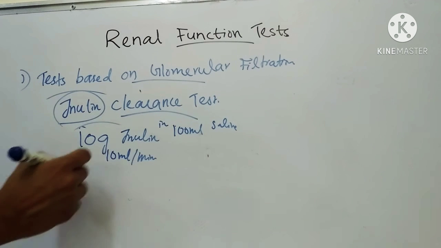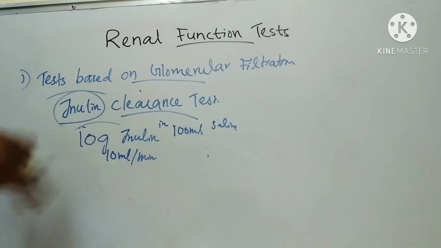One hour after the injection, the bladder is emptied and this first urine is discarded. Then we note the time. After 1 and 2 hours, urine is collected again, its volume is measured, and it is analyzed for inulin content.